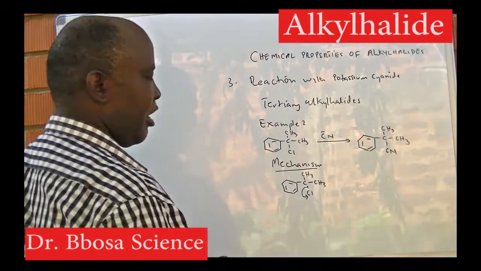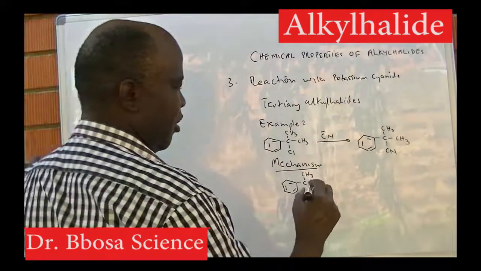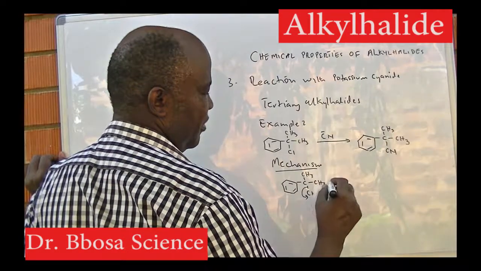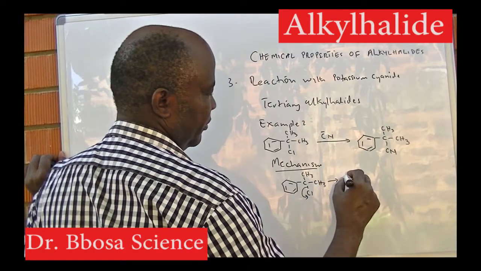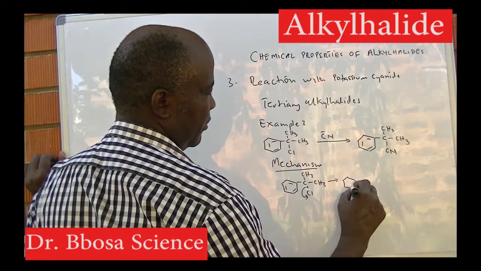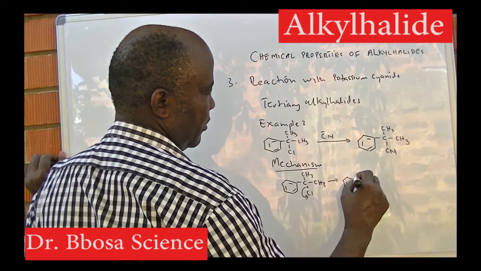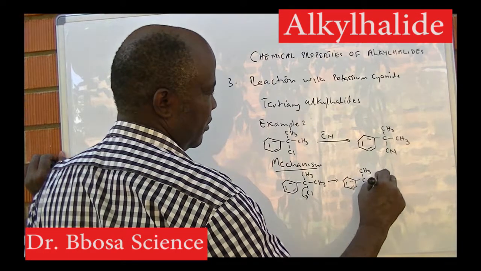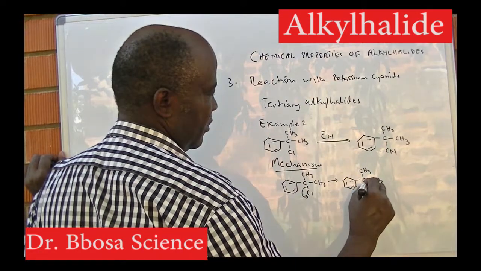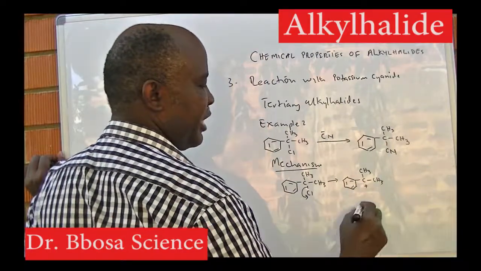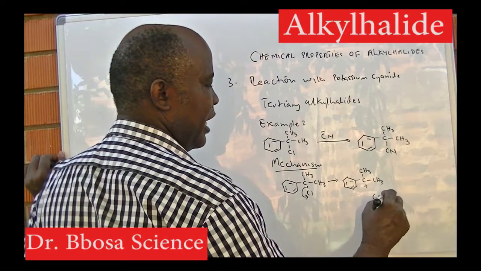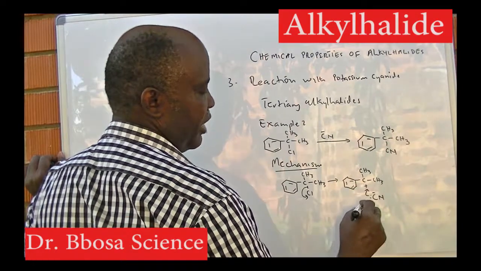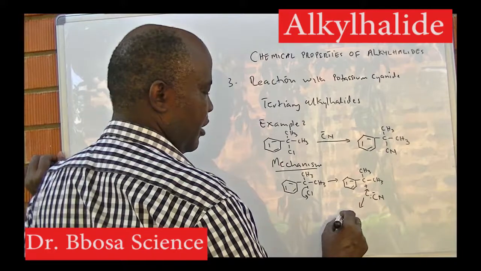This being a tertiary alkyl halide, the alkyl group leaves, the ion goes, and it gets a positive charge. Then the cyanide ion uses a lone pair of electrons to react with the positive charge to form the product.